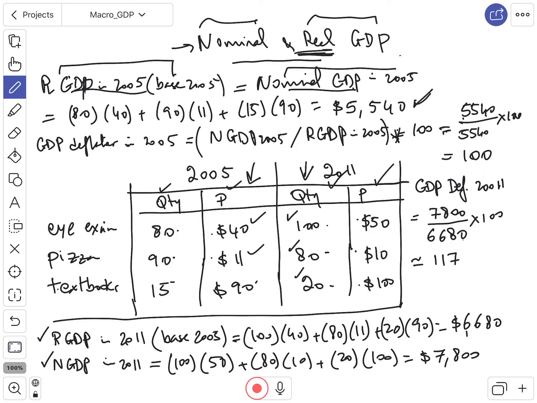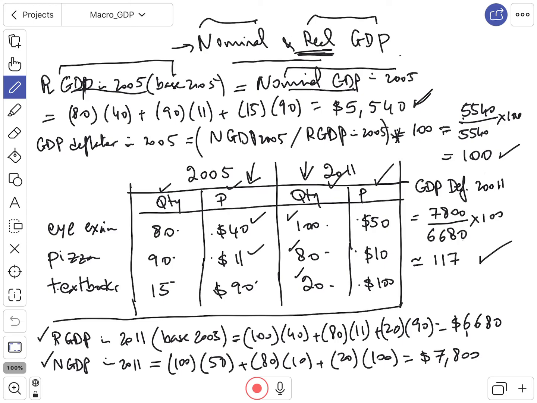This is simply telling us that prices have increased by 17%. Prices in 2005 were 100, which is the base.